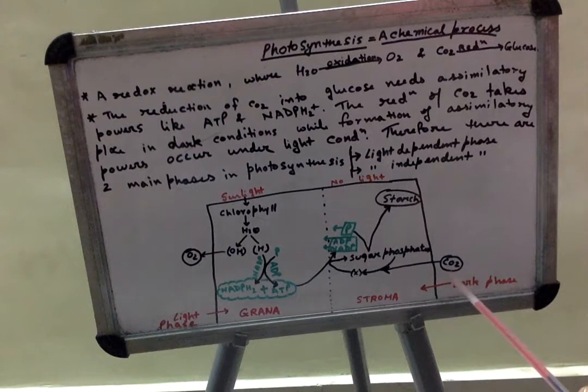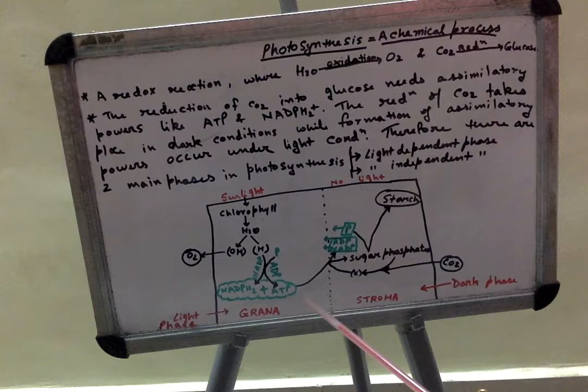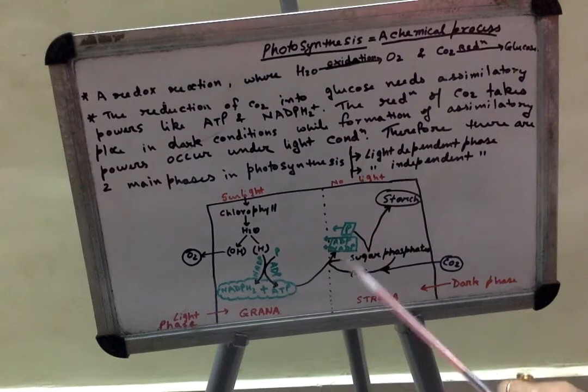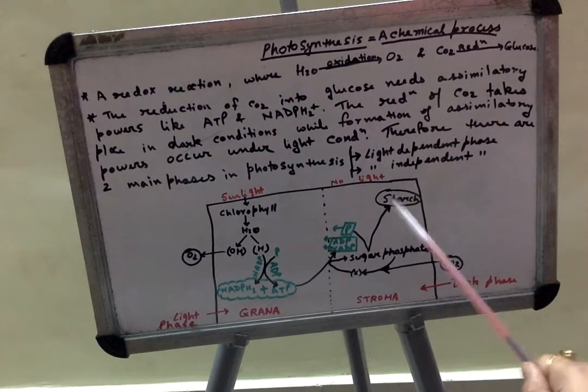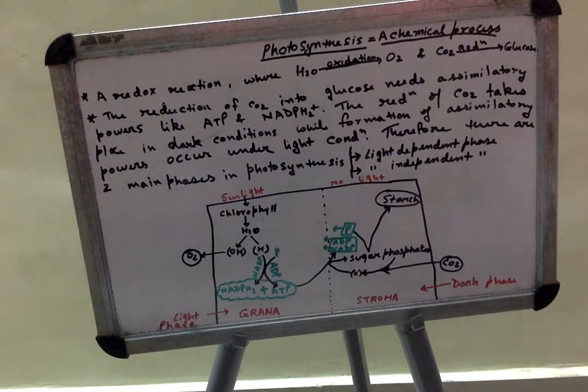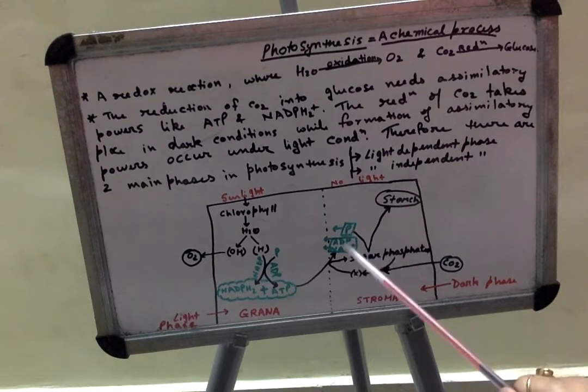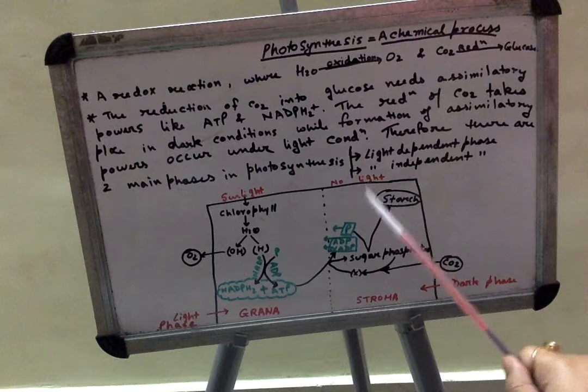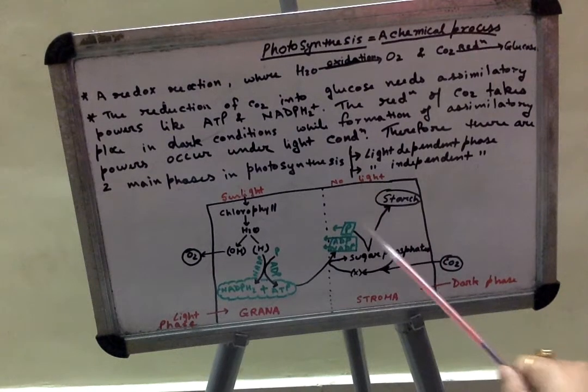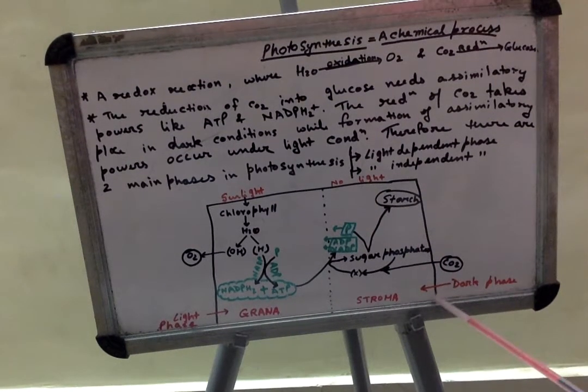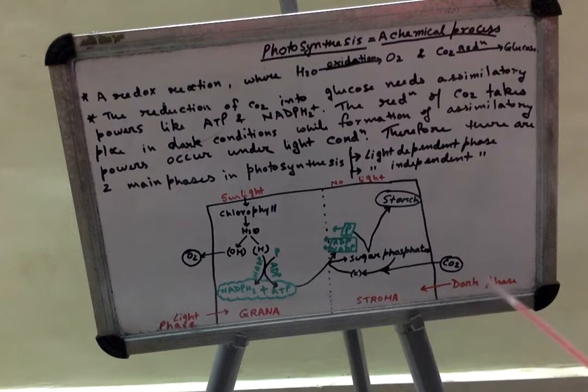With the help of carbon dioxide, along with these two assimilatory powers undergoing a cyclic process, starch or glucose will be synthesized. Since no sunlight is directly needed in this phase, this reaction is known as dark reaction or dark phase.